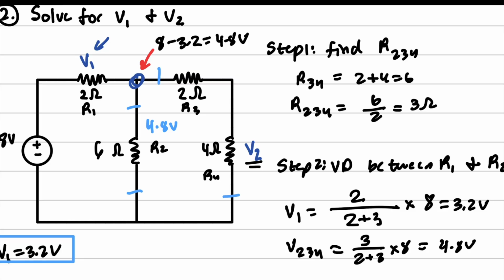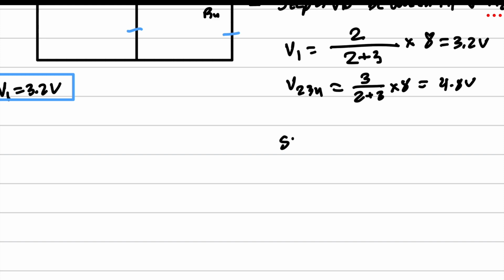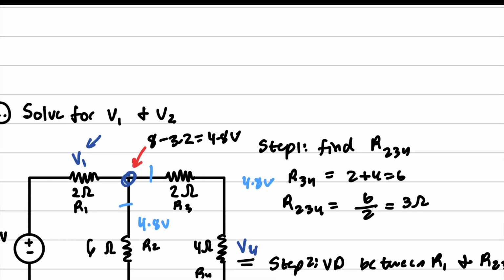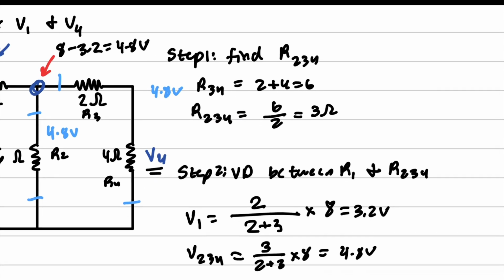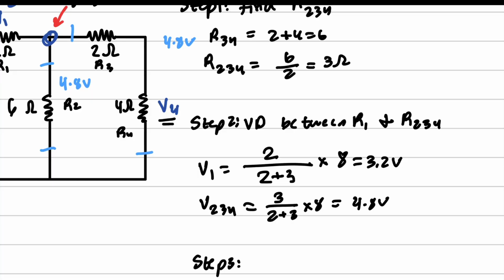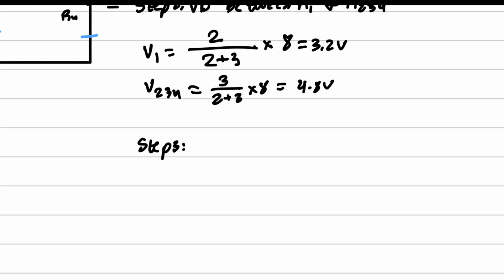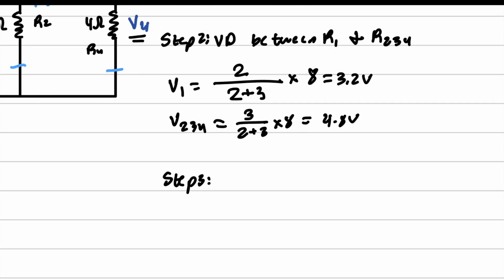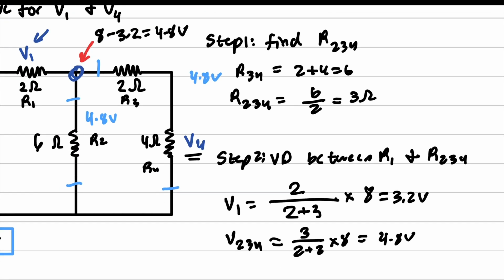Now remember what I said, that in a node, the voltage is just the same. So right here, we have a voltage drop of 4.8 volts, and then a voltage drop here of 4.8 volts. So then that means in step 3, if we want to find the voltage 2, actually we should call it the voltage 4 because we named it R4, so I'll just go ahead and change it right here. The voltage 4 is going to be equal to a voltage divider between these two resistors, 2 and 4.